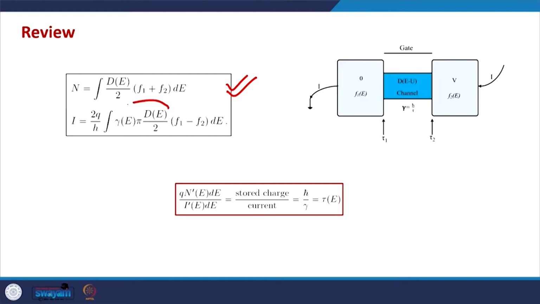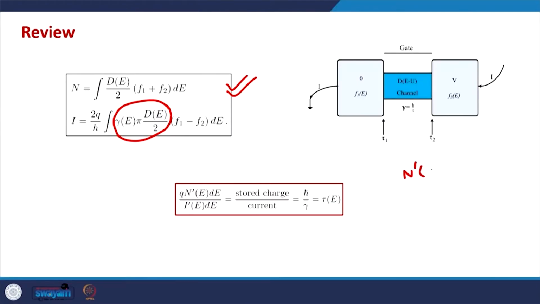To understand this in better detail, we did a thought experiment, a virtual experiment, in which we took the ratio of the number of electrons at a certain energy E to the current at that energy E.